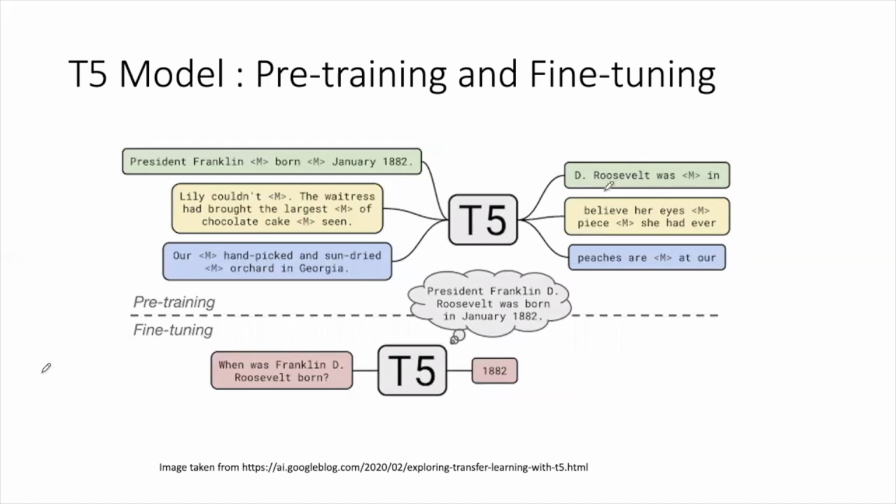So the ones that we need to predict are what we present to the decoder. That's the pre-training process, and we also have a fine-tuning step for the T5 model.